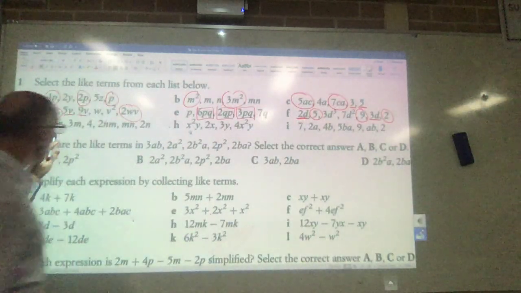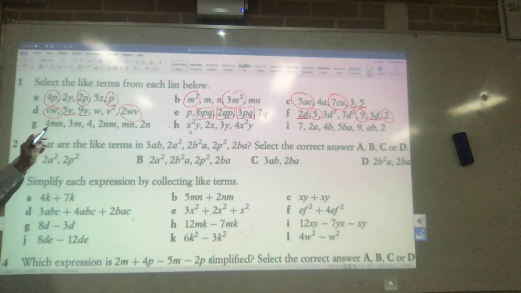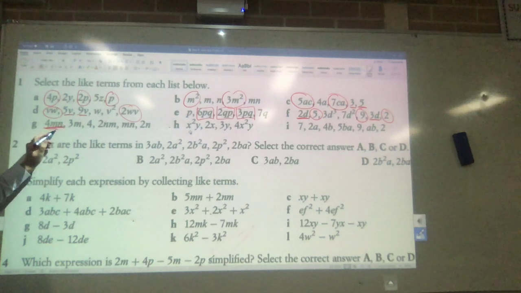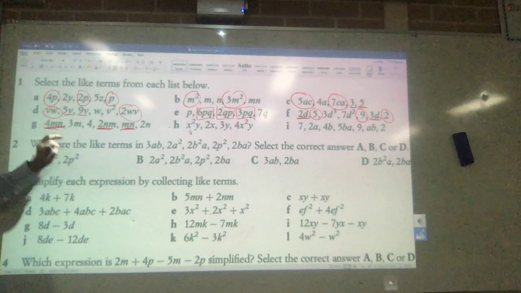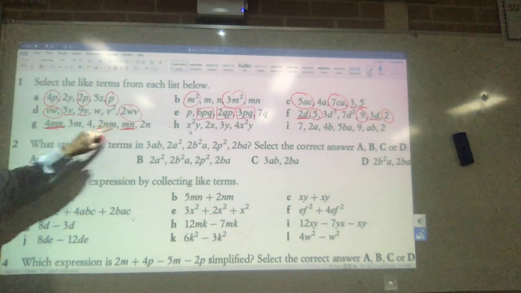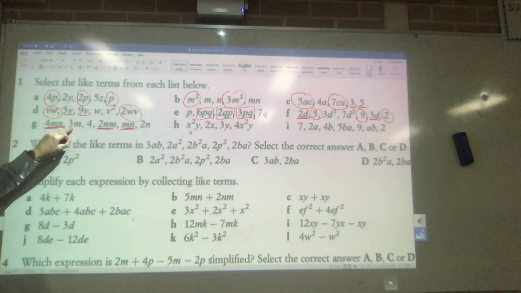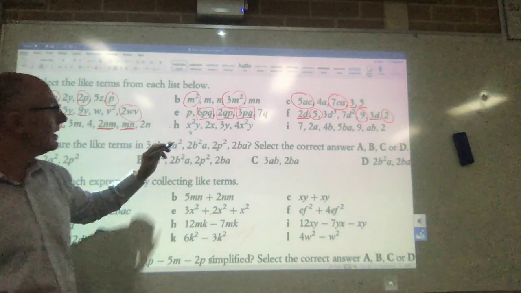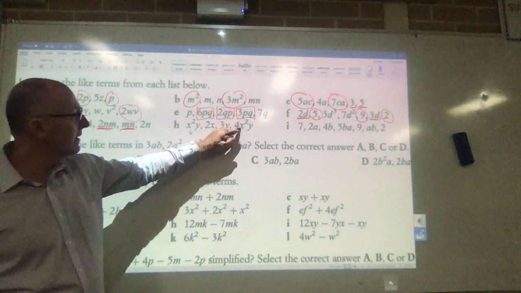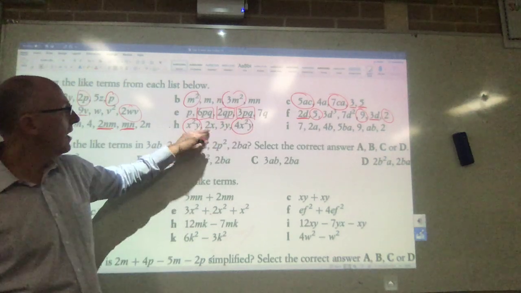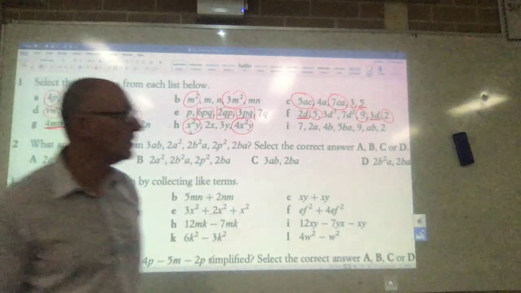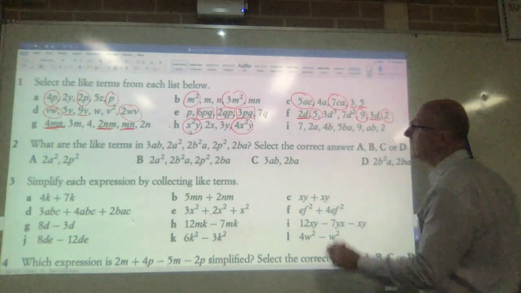Going across to the bottom row here, I can see that 4mn goes with 2nm and 1mn, and the other three are unlike terms, so I won't underline them. Second last one, x squared y and x squared y, they're like terms. 2x and 3y are unlike terms, so I won't circle them.